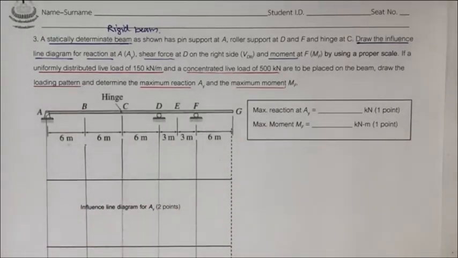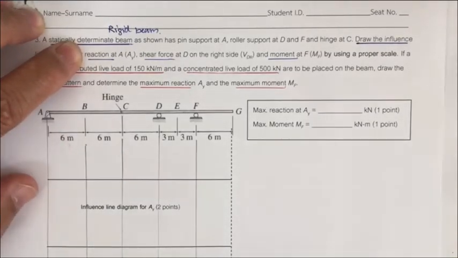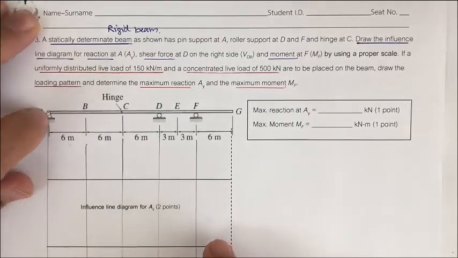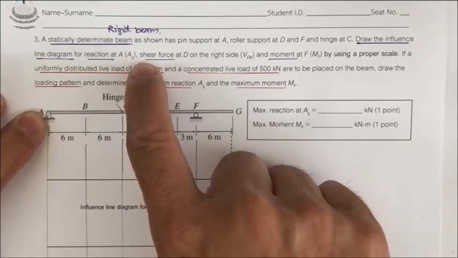We're going to use the Müller-Breslau principle to draw the influence line of this beam, and let you record it. If you'd like to draw the influence line of the reaction, what should you do? You should start by considering the beam at point A, and then you release this. Release what?